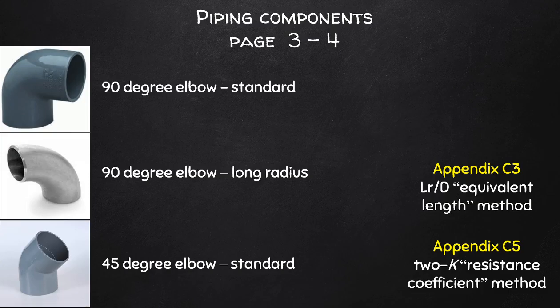A variety of fittings are used to join two or more pieces of pipes together. Typical joints are 90-degree elbows. You have a long radius 90-degree elbow. You have a 45-degree elbow.